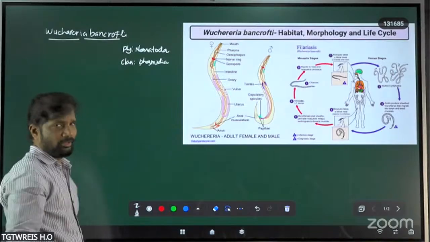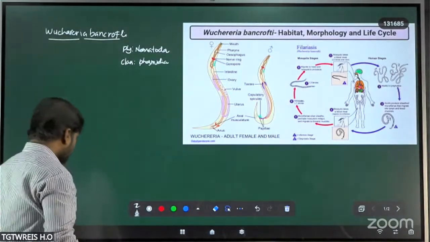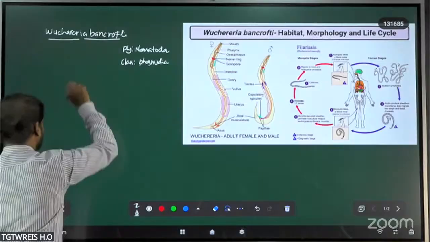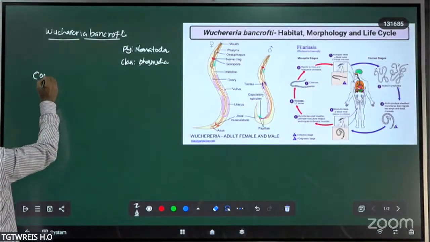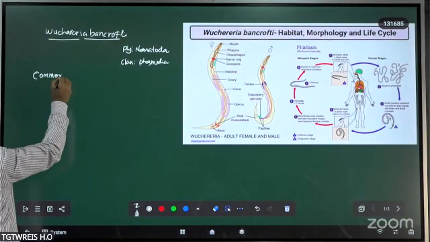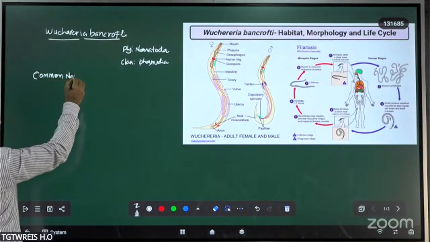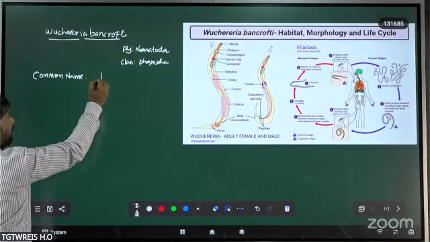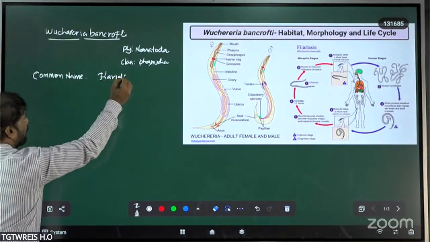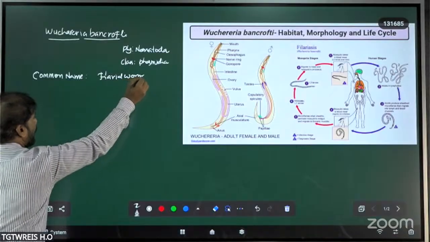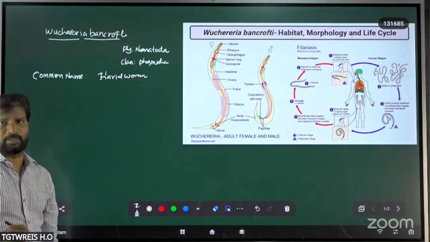Generally this is the filarial worm, that means Wuchereria bancrofti. What is the common name of Wuchereria bancrofti? The common name is the filarial worm. And where is it present?